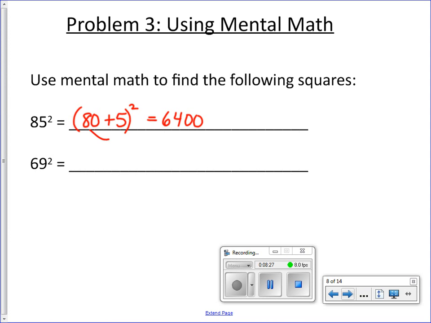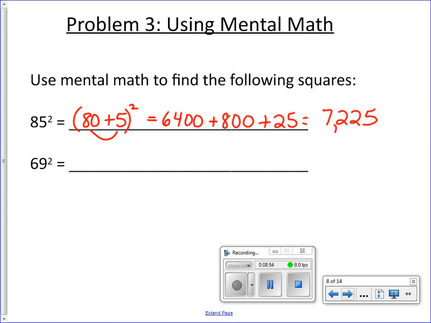We're going to take the product of the two. 80 times 5 is 400, and double it, which would be 800. And then we're going to take the last term, 5, and square it, which would give us 25. So when we add these up, we would have an answer of 7,225.